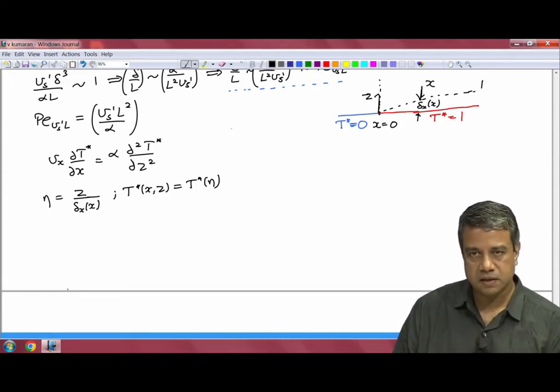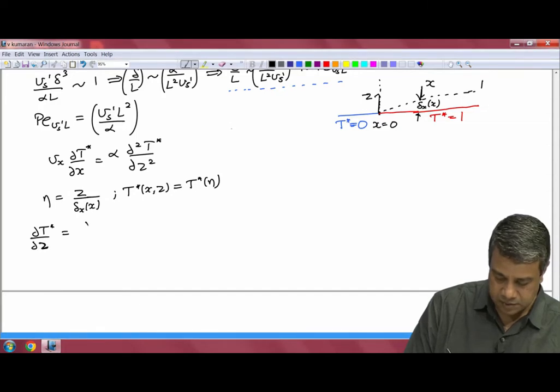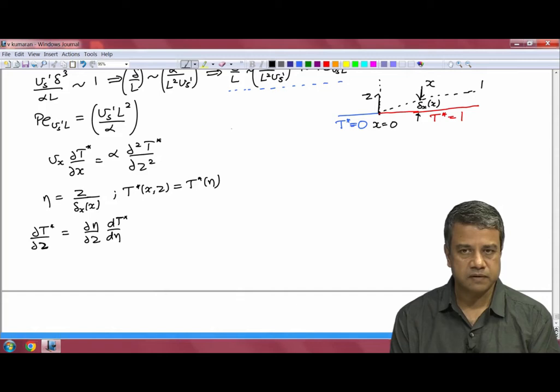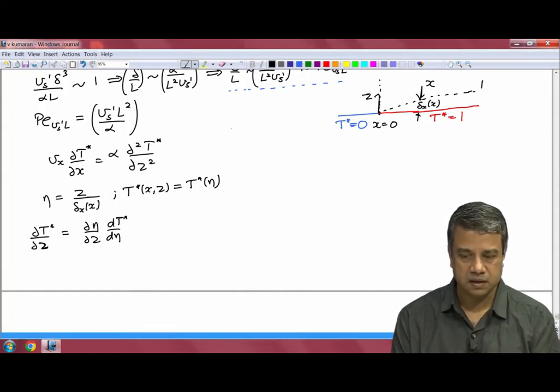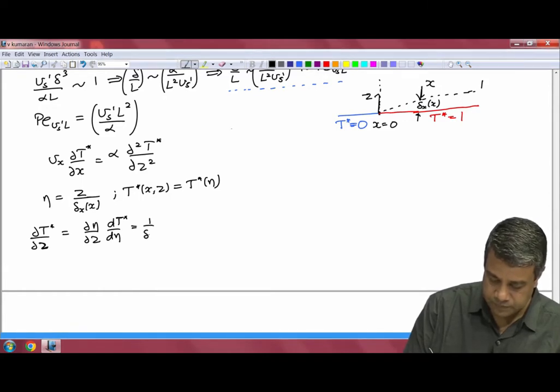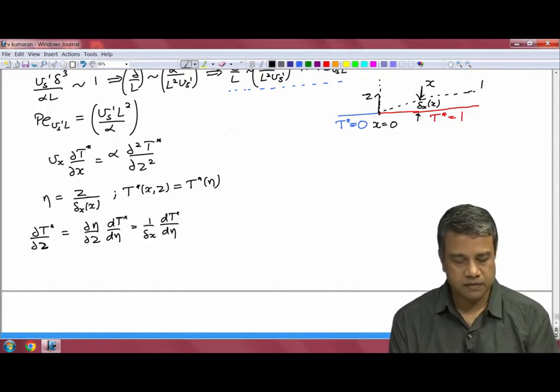This is done by the chain rule for differentiation. Partial T star by partial z is equal to partial eta by partial z times dT star by d eta. Note the total derivative with respect to eta, because I am postulating that the temperature field depends only upon the similarity variable eta and not separately on x and z. That is the derivative in the z direction.